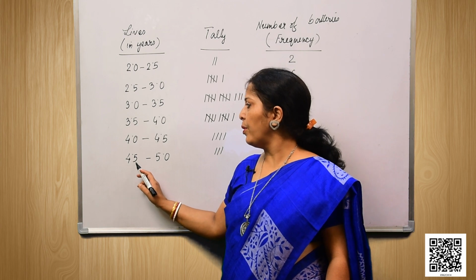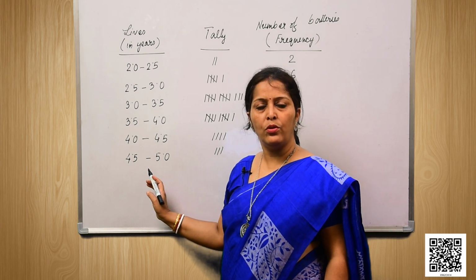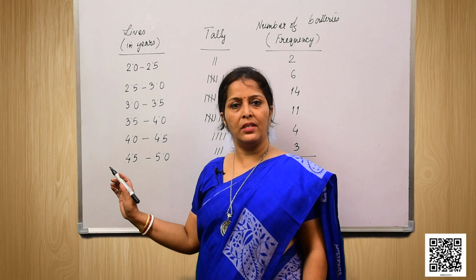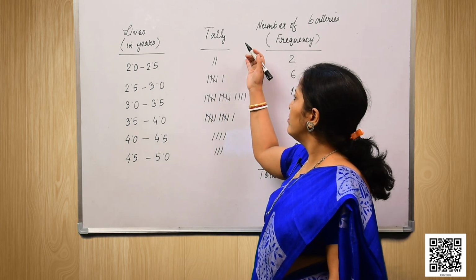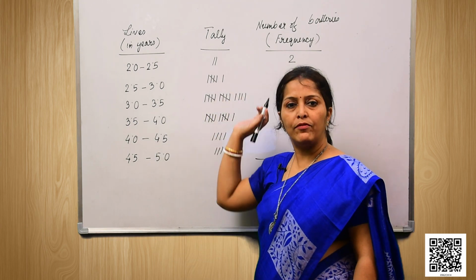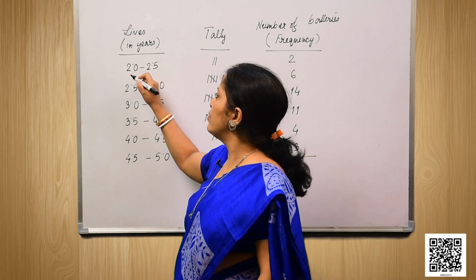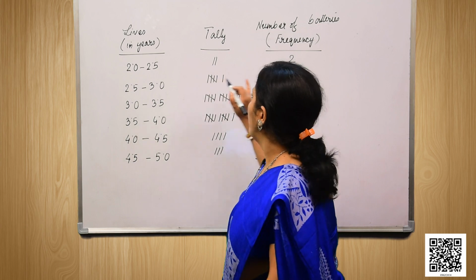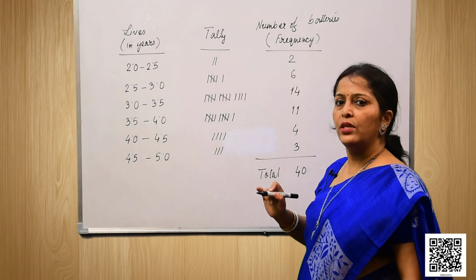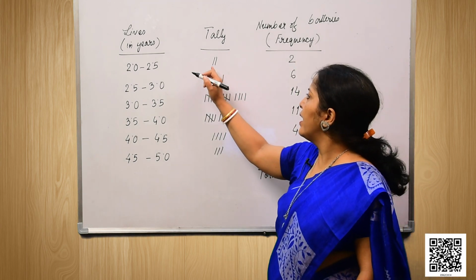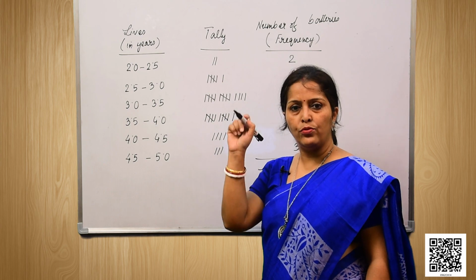Last one 4.5 to 5.0 to include all the numbers given to us. Next column is tally, then we have the frequency. Just check the points in between 2.0 to 2.5. We are having 2 such numbers. So the frequency is 2 and the tally is only 2 lines.